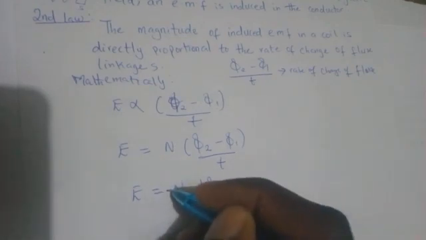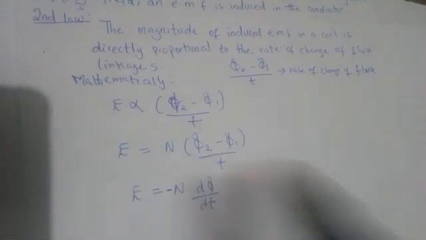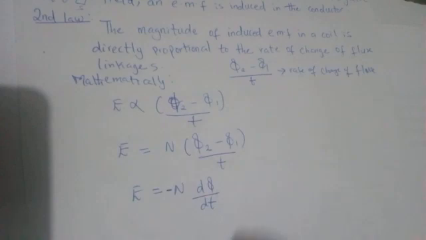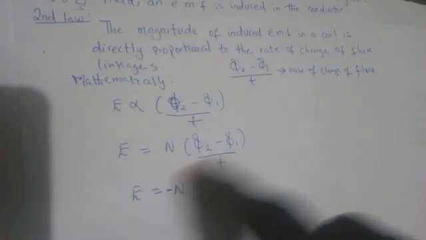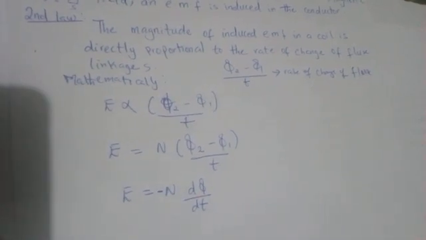So it means it's in the negative direction. The direction of the induced EMF produces a current which is in opposition to the rate of change of flux that produced it. So that is why this is going to be negative.